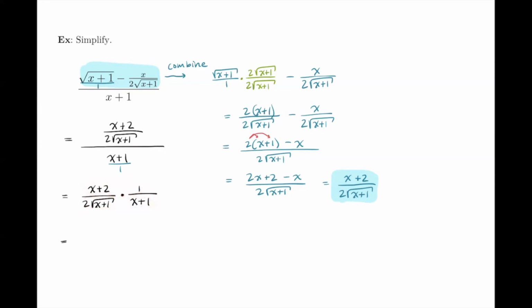X plus 2 times 1 is just x plus 2. And the bottom here, we have 2 radical x plus 1 times x plus 1. This is nicer for sure, but there is still one more thing we can do, because down in the denominator we have a thing, x plus 1 to a power, radical, or 1/2.